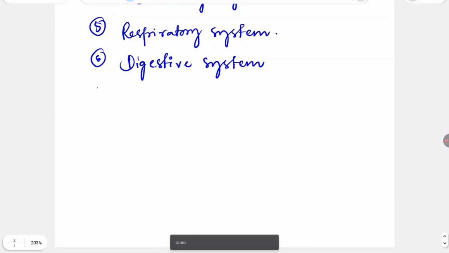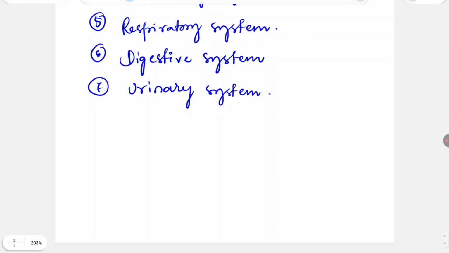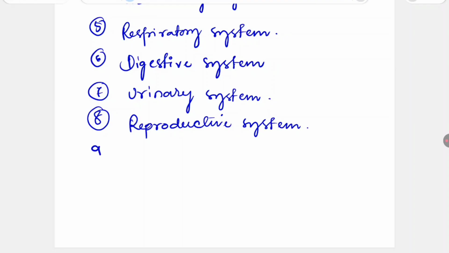Seventh one is urinary system. Eighth one is reproductive system. Ninth one is integumentary system.